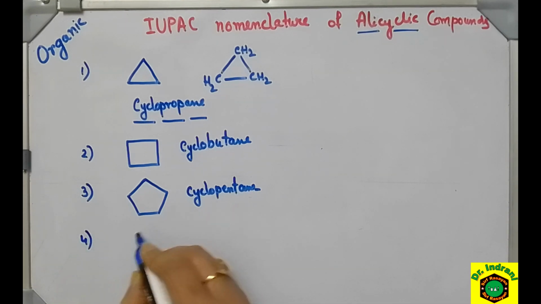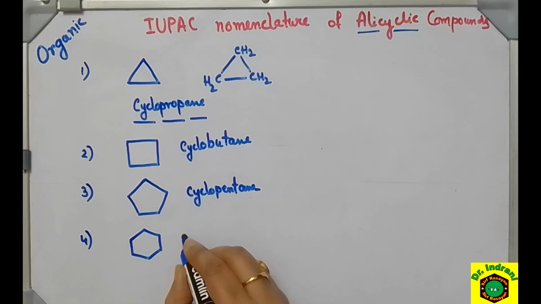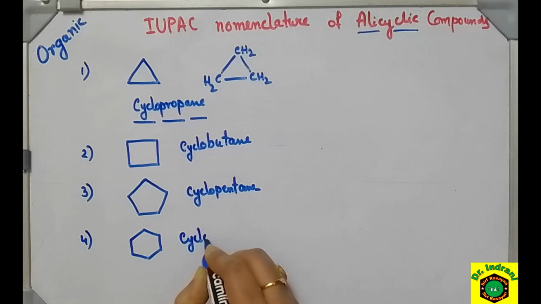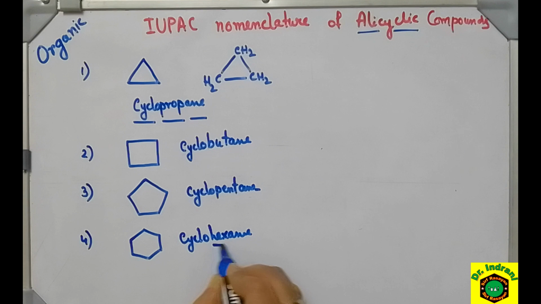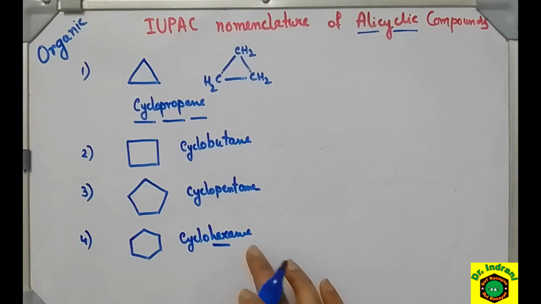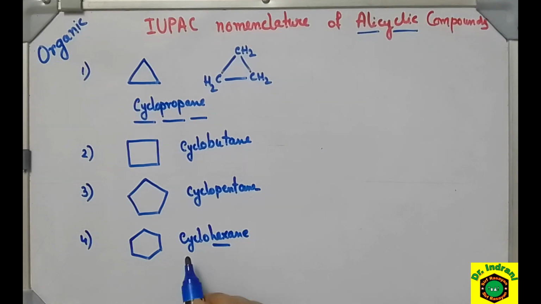Similarly, this has a cyclic structure and 6 carbon atoms, so it is cyclohexane. Hex means 6 carbon atoms and we add A-N-E. Cyclo is the primary prefix, hex is the word root, and then the primary suffix.